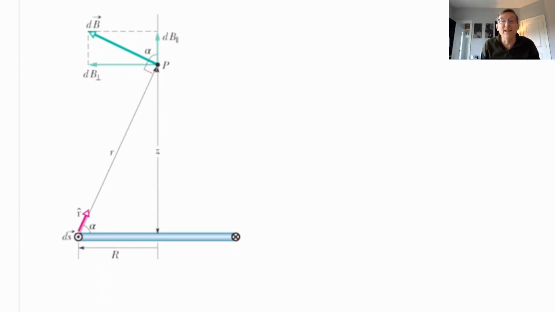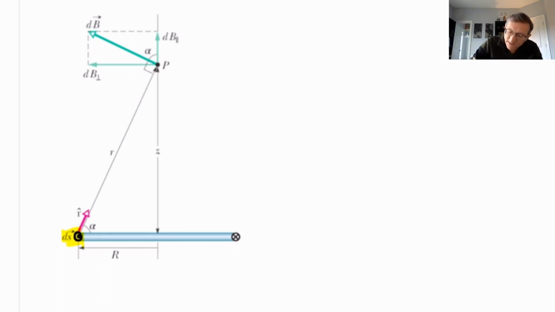The loop looks like a line, but you're looking at a loop from the side. And there's a little tiny piece of the loop, length ds, way over on the left side, facing us with the current coming out of the screen towards us. That's what this symbol means. And that's a little current element of length ds. And there's the point P up on the z-axis.